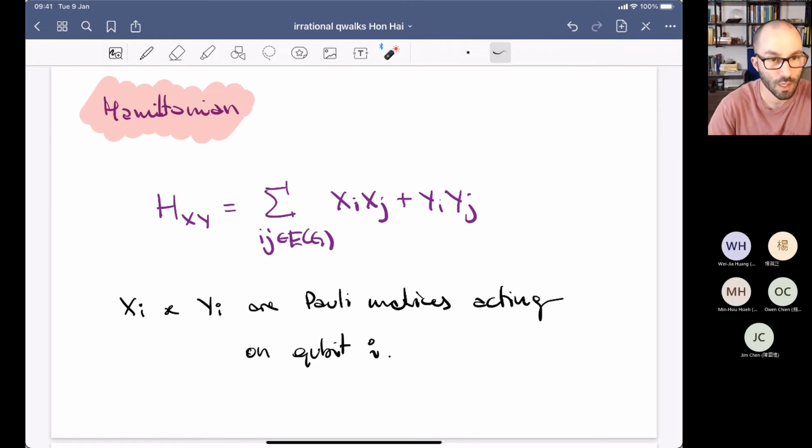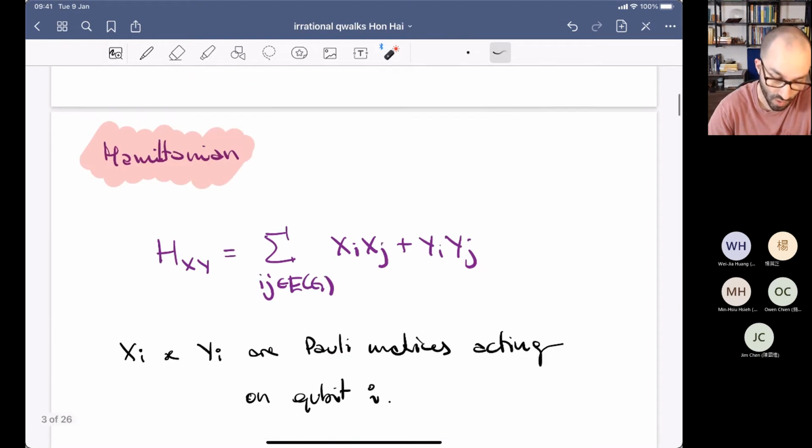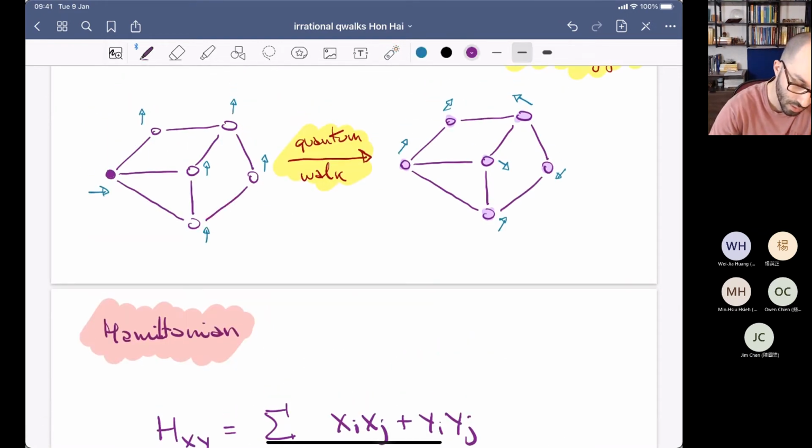For each edge of the graph, I will be summing this particular term, which is the Pauli matrix X acting on the qubit located at position i, times the Pauli matrix X acting on the qubit in position j, plus the Pauli matrix Y on each. So for each one of these edges, qubit i, qubit j, I will have the term X_i X_j plus Y_i Y_j, and this is for each one of the edges of your graph.